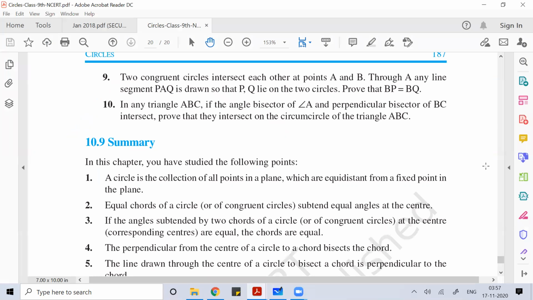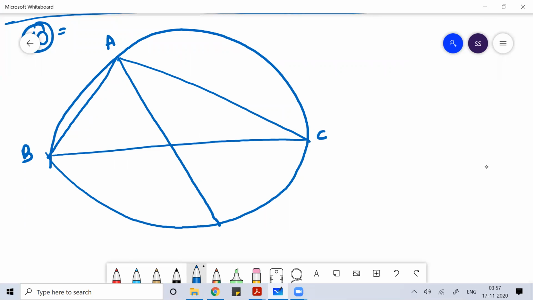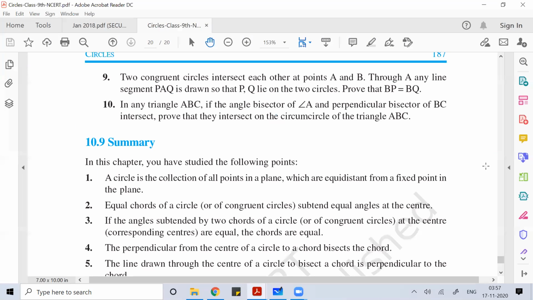So in triangle ABC, if the angle bisector of A and the perpendicular bisector of BC intersect.